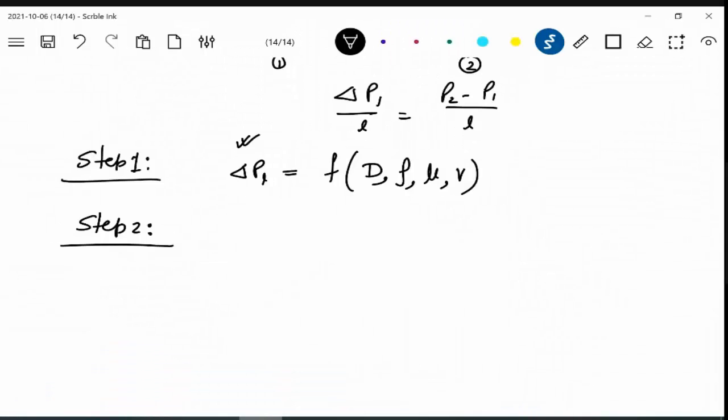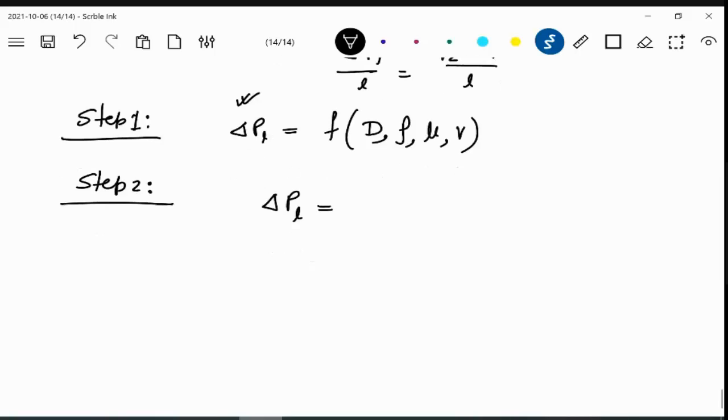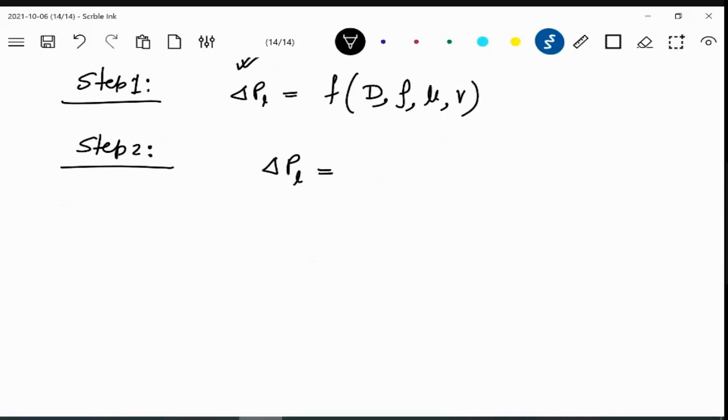So 4 independent variables, and then you are writing delta P by L in terms of these variables. So 5 variables you have. Now you have to express the dimensions of these variables. So let us do a task and write down the dimension of each variable in terms of FLT.